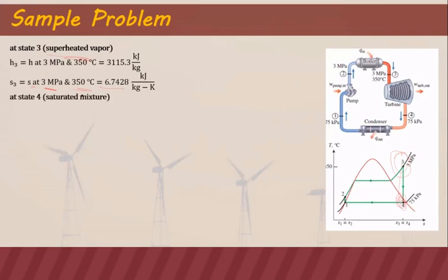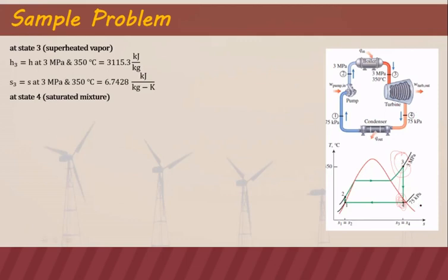And then for state 4, upon leaving the turbine, our steam enters the turbine and produces work by the expansion of the steam, and basically it reduces the pressure from 3 megapascal back to 75 kilopascal. But now we do not know the quality of the steam.